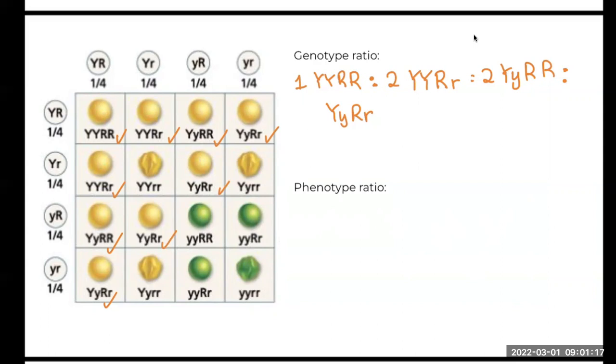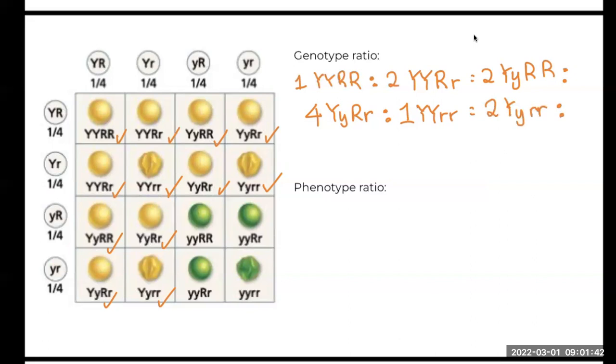So actually, that's 4. And then big Y, little r, there's only 1. And then these two are the same. So 2 of the big Y, little r.